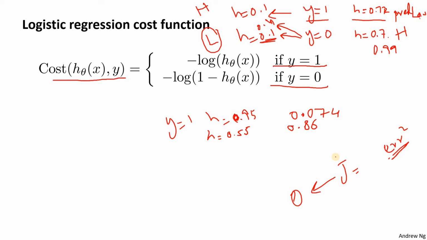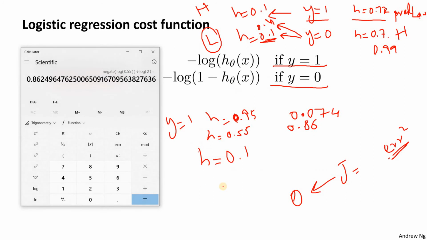Now let me take some extreme value on the other side. Y is 1 and my hypothesis predicts 0.1. Now this is a disaster. This is on the opposite side. It is a wrong prediction. So how much will be the fine?